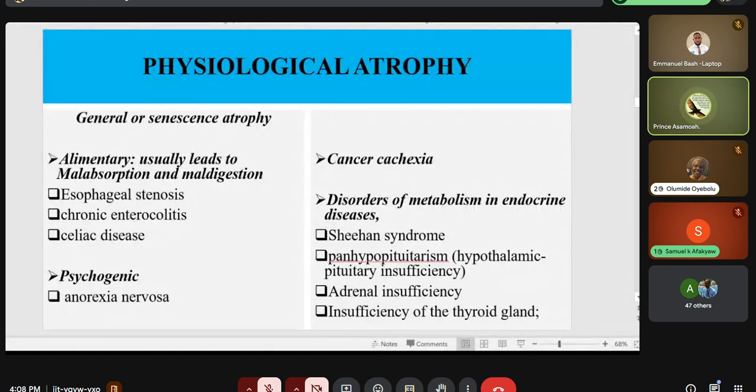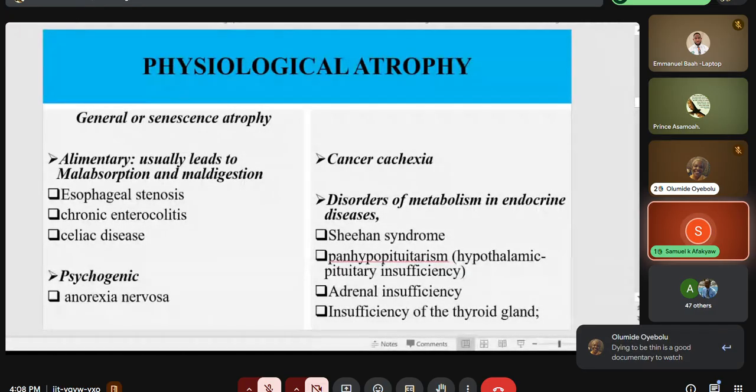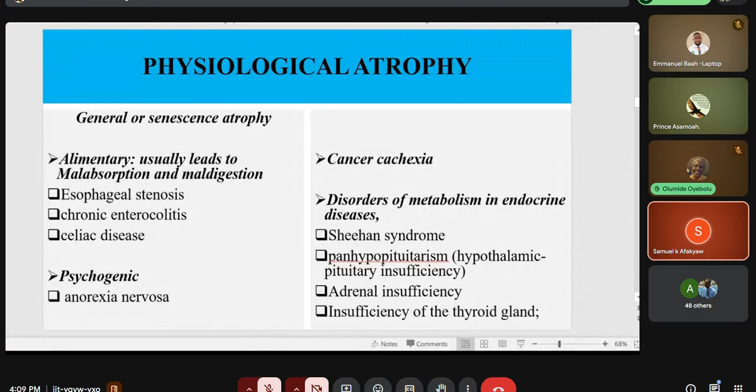Great. Mr. Samuel, have you also seen some? Yes, for me, I chose esophageal stenosis. It is the abnormal narrowing of the esophagus, the muscular tube that carries food and liquids from our mouth to our stomach.